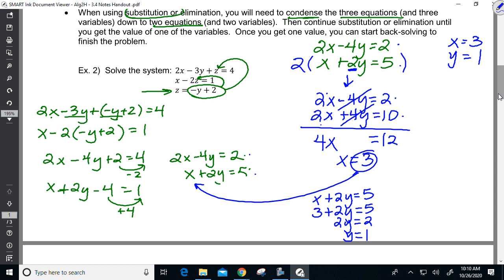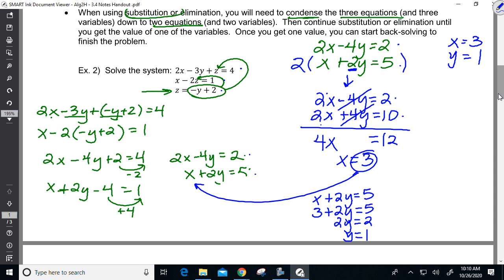So now I know that x is equal to 3 and y is equal to 1. Now I'm going to get z. I've got 3 different places I can put this and get it solved. So I can pick whatever I want. I'm going to pick the third equation. Why?